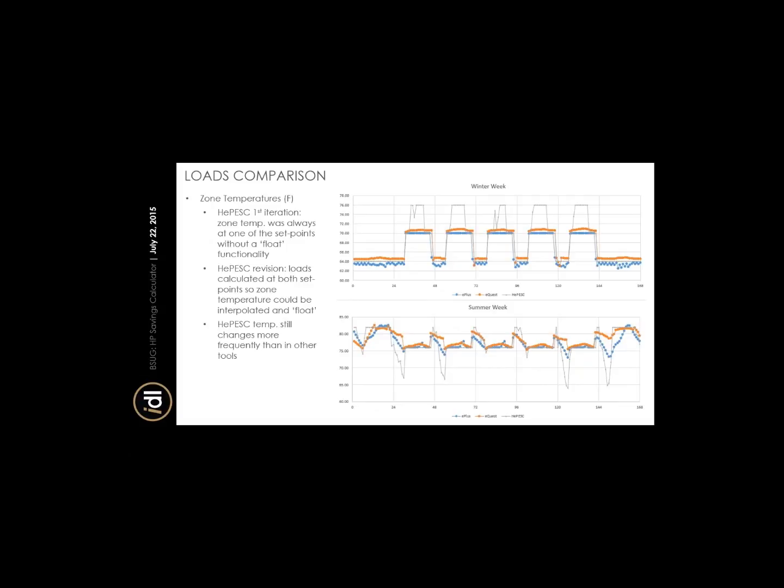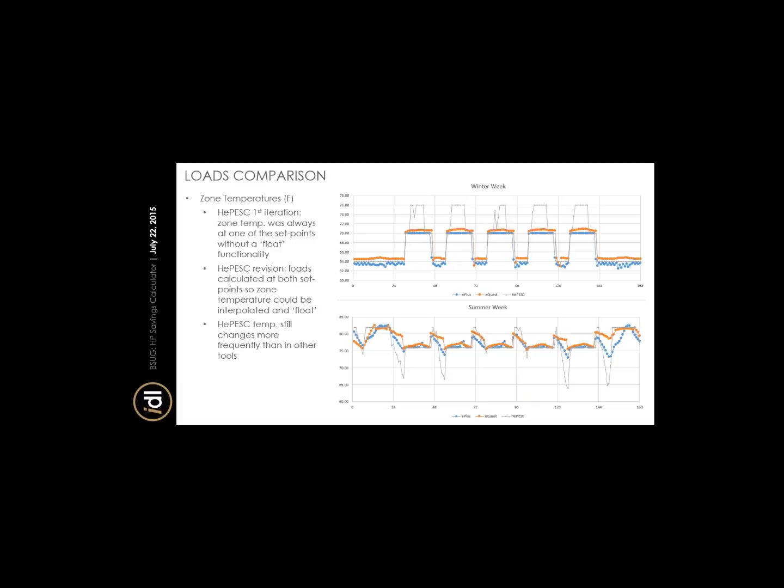This is the zone temperature. So in our first iteration of the heat pump calculator, the zone temperature was always at one of the set points, and we realized we needed to add some functionality to make sure it could float similar to how systems float, and both EnergyPlus and eQuest do that.